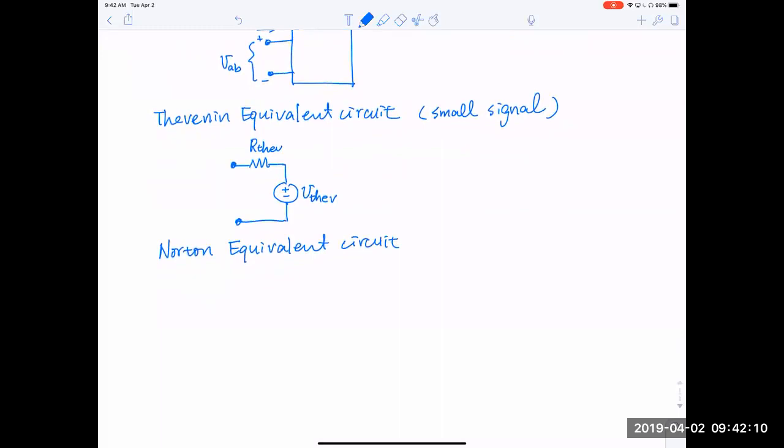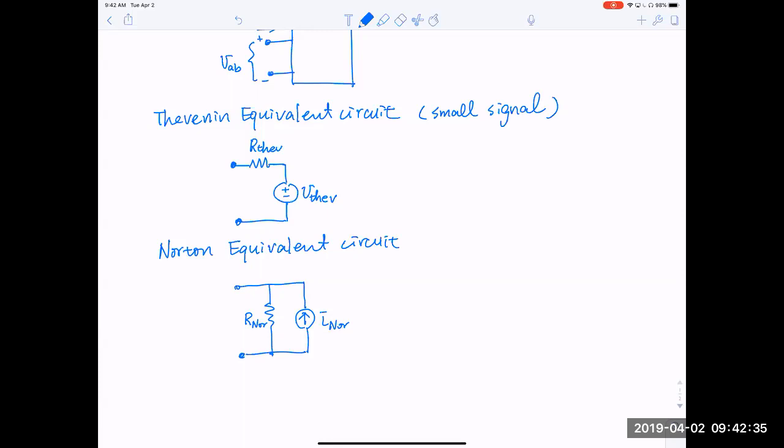It's primarily representing a current source. So if you have a small signal current source, it is convenient to represent the circuit with a current source. This will be the Norton current source, and this will be the Norton equivalent resistance.